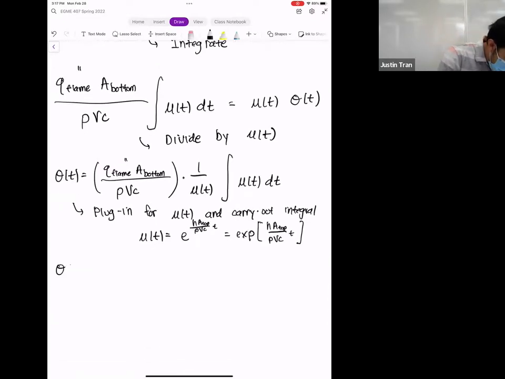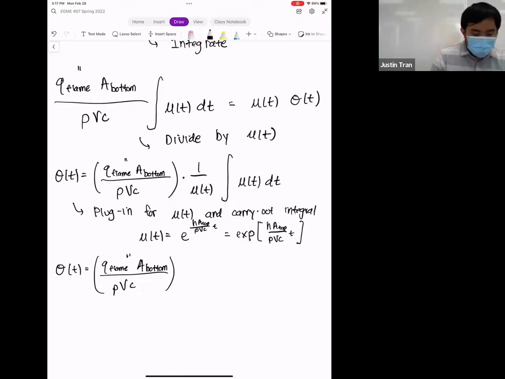All right, so let's plug it in. We have theta of t is equal to Q flame times A bottom divided by rho V C. We have 1 divided by the exponential, and since we have 1 over this, I'm just going to put the negative in the exponent.